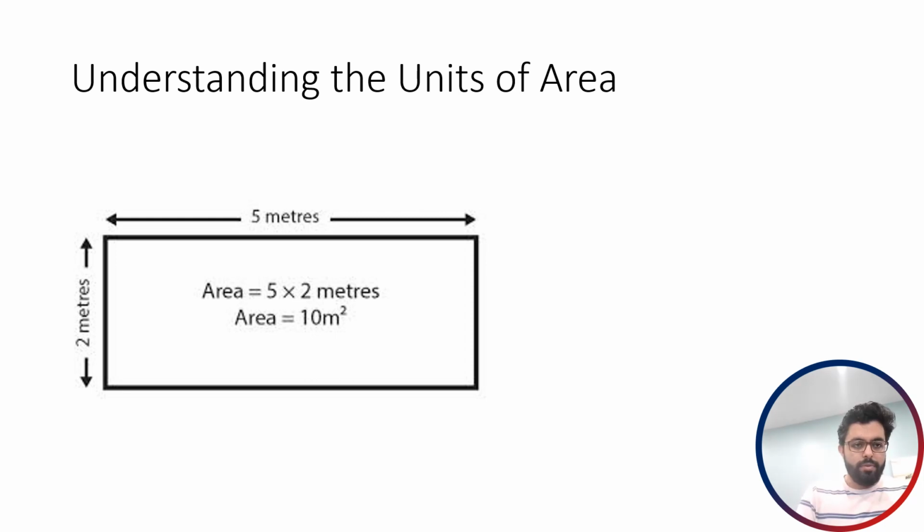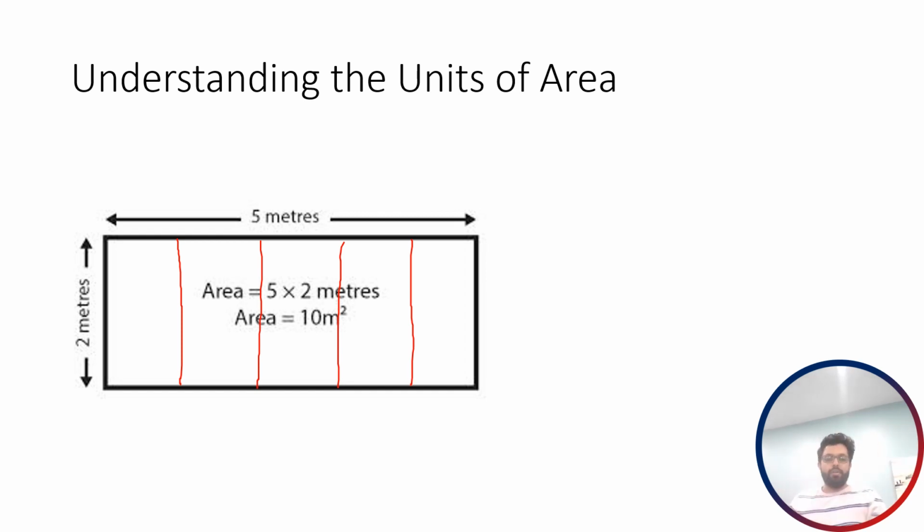Something like maybe a little bit more to the left, so something like this, here, here, and here. So now I've cut it up into 5 chunks going across, where each chunk is 1 meter wide, right?